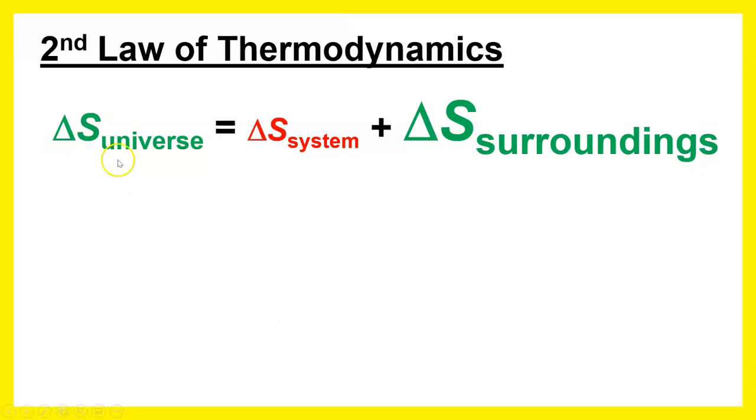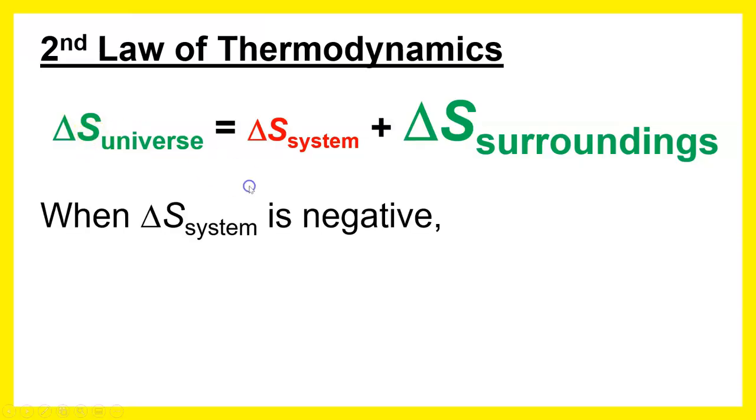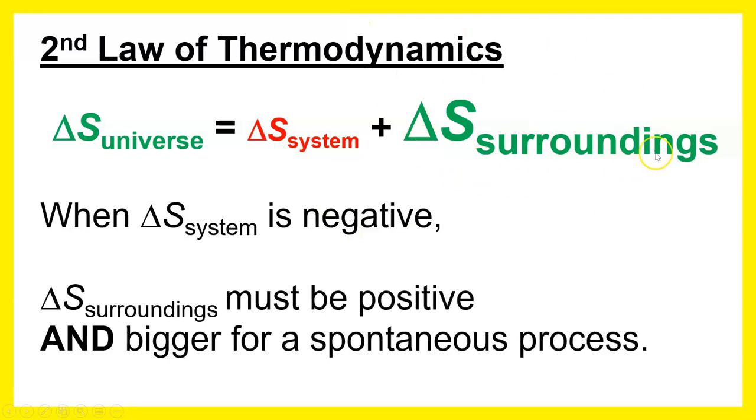So in order for the entropy of the universe to be favorable, to be positive, when our system is negative, do you see how you're going to need a really big positive surroundings? Not just positive, but it needs to be positive and larger than the system.